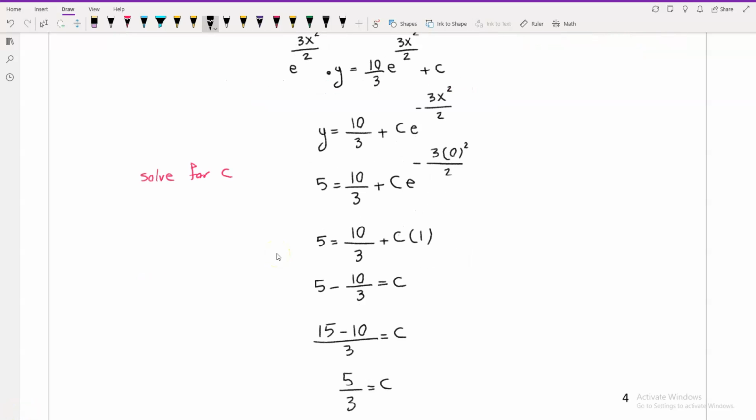So here we have e power 0, that is equal to 1 on this part. So we have 5 equal to 10 over 3 plus c times 1. Simplify, solving for c, c is equal to 5 over 3.